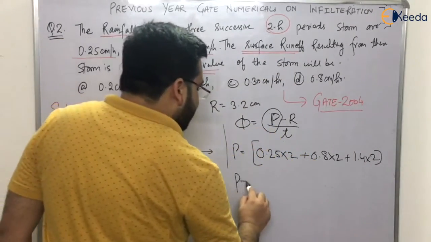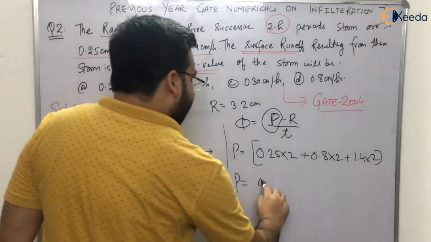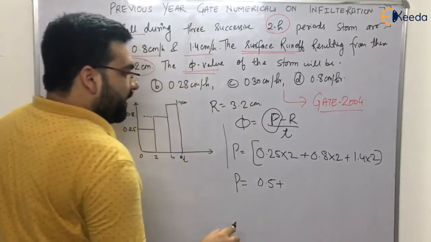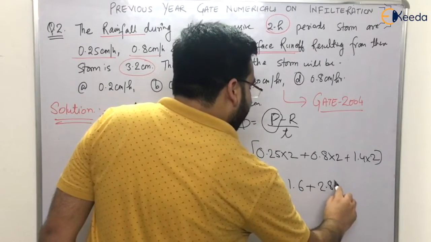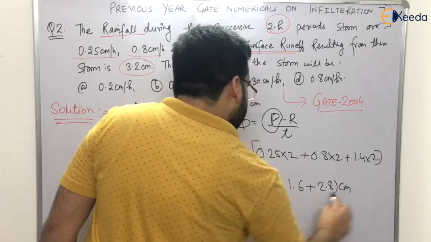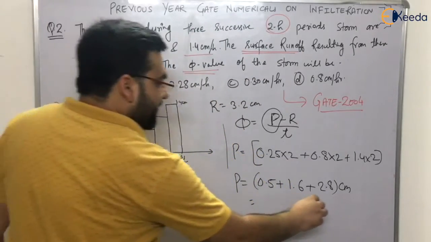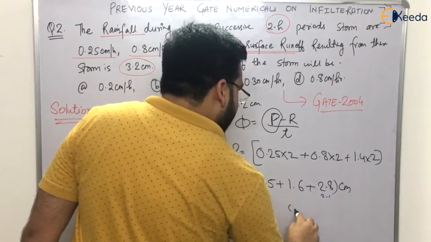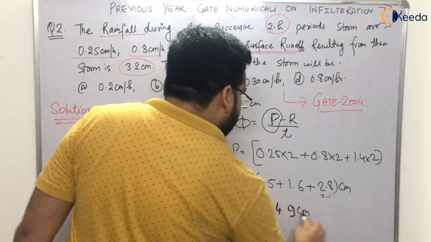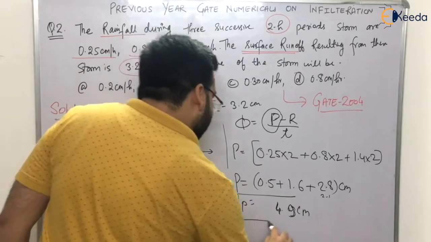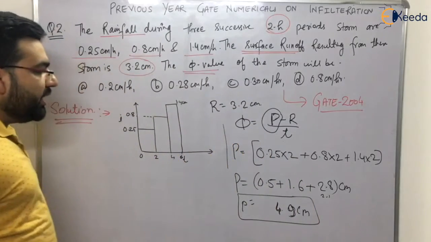So precipitation will be equal to 0.5 plus 1.6 plus 2.8 centimeter. So it will be equal to 2.1 plus 2.8, which is 4.9 centimeter. So 4.9 centimeter is the total depth of precipitation. Clear? Now let us calculate R.